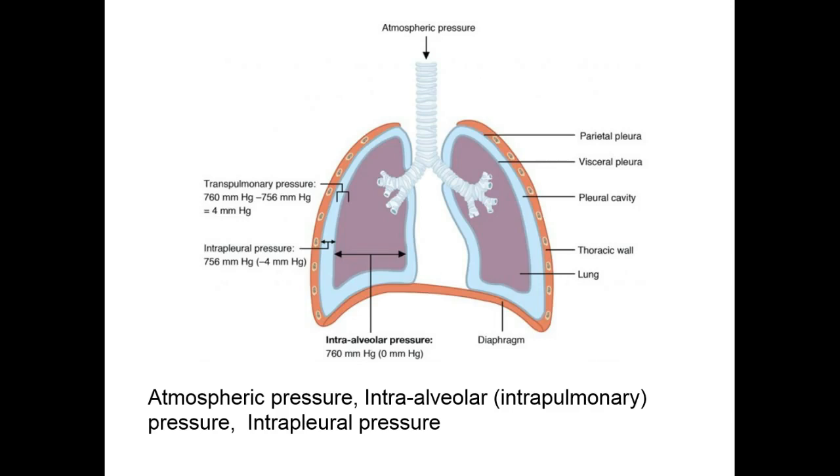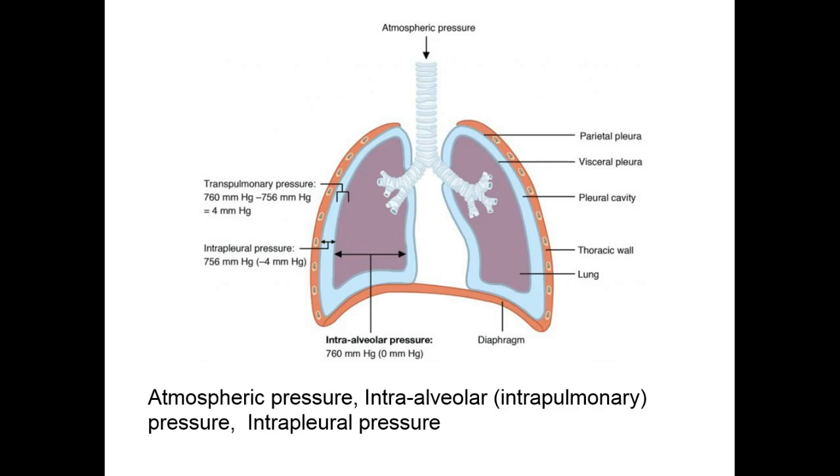The lungs always stay slightly inflated in a normal, healthy individual in terms of the pressures. So those are terms to have in your head. I honestly don't ask a specific question about any of those terms, but just to have them in your head.